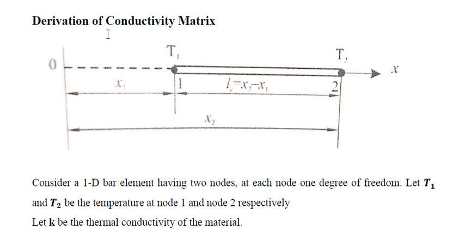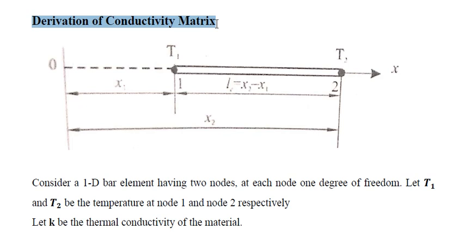Let us now move on to the next concept in conduction, the derivation of the conductivity matrix. This conductivity matrix is similar to the stiffness matrix of the bar element. How did we derive the stiffness matrix of the bar element?